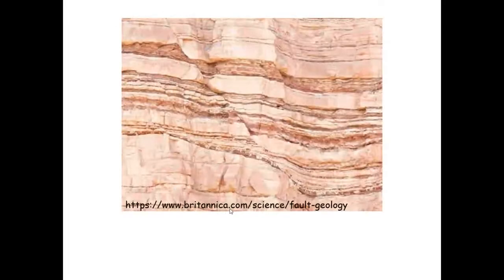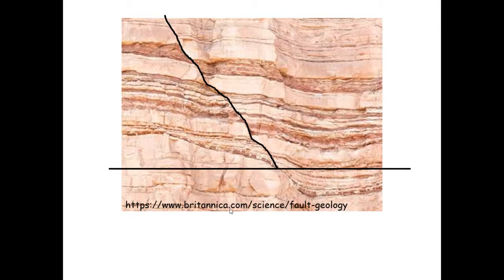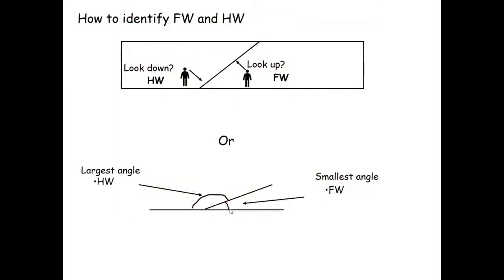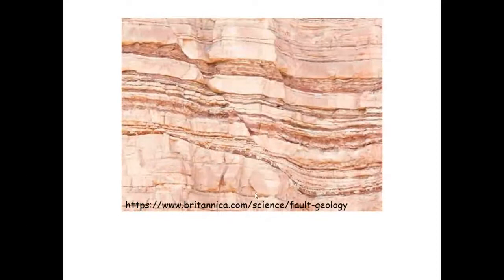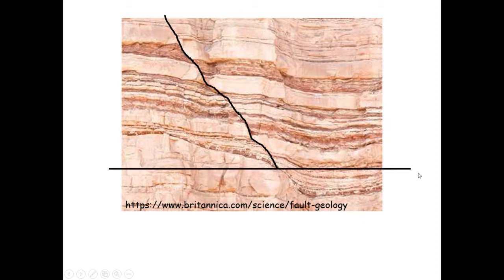Now let's take a look at what side has moved up relative to the other. Here is our fault line, and we have a horizontal line where the fault line intersects.